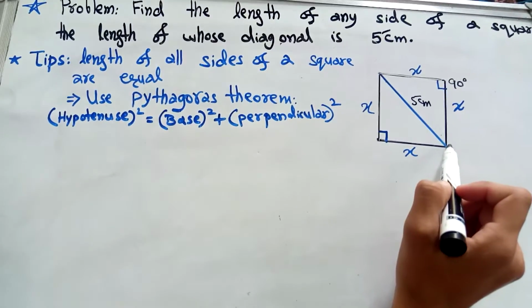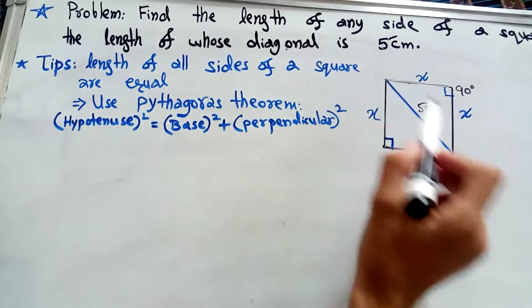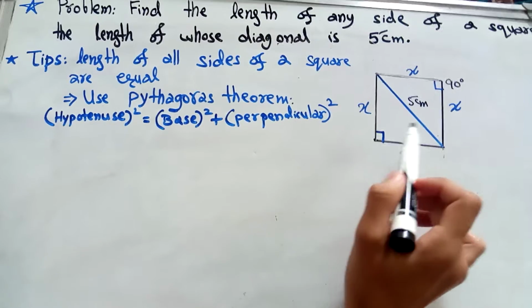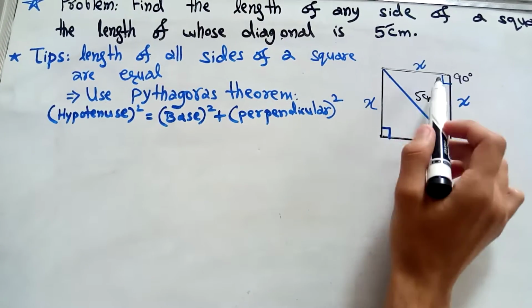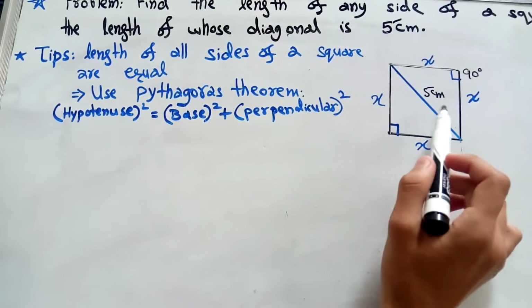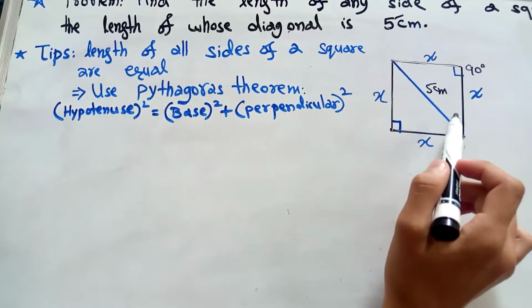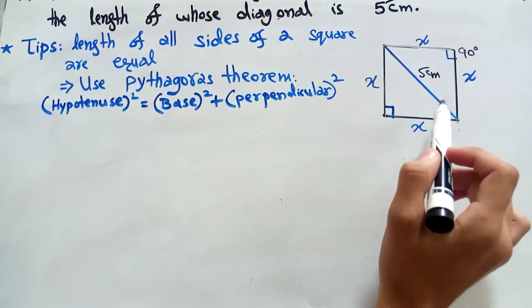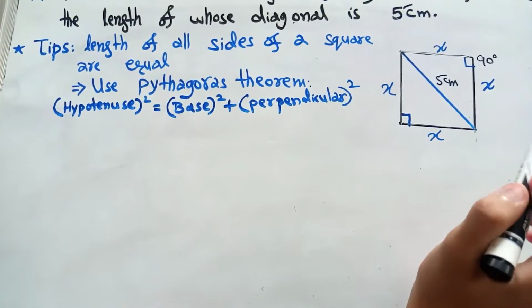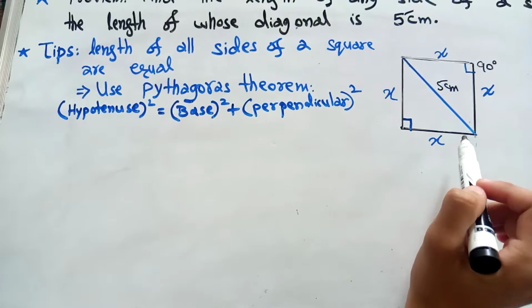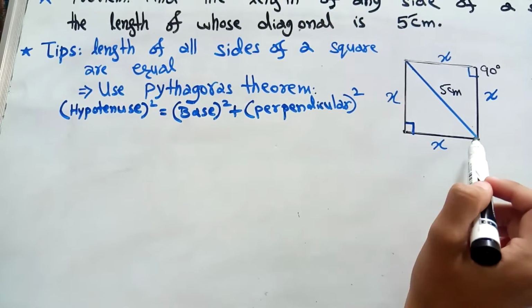And what we see here is that actually the diagonal is the hypotenuse for both the right triangles, whether it be this right triangle or this right triangle. Okay, it is the hypotenuse for both right triangles. So what we do is that we apply the Pythagorean theorem to any of these right triangles to get the value of x, and then we solve for x.